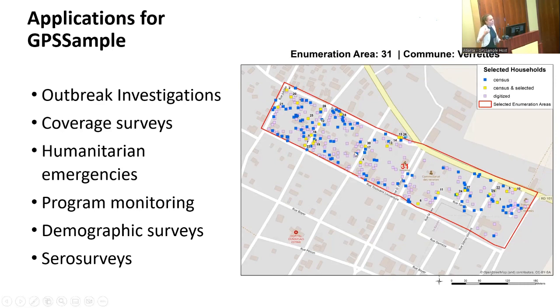GPSSample also allows you to add digitized information in advance, so you can navigate to those digitized structures. You can conduct a census of those households, and if there's new imagery or new data that wasn't collected in advance, you could enumerate those households, and then select the households needed for the full coverage survey directly in the field.